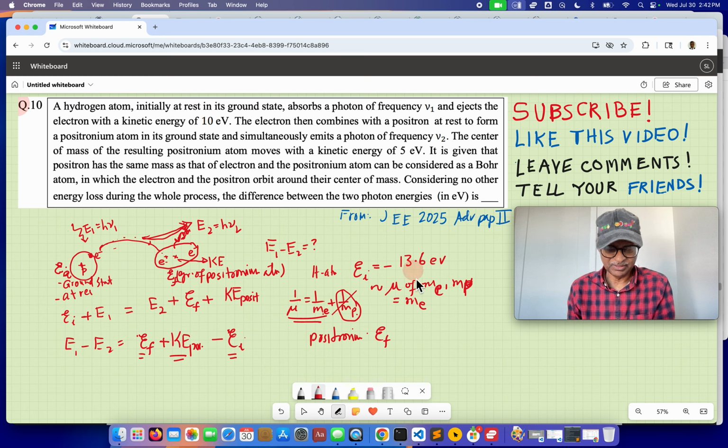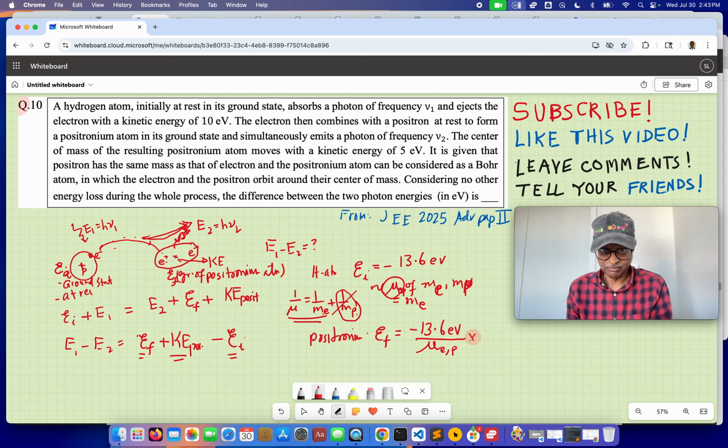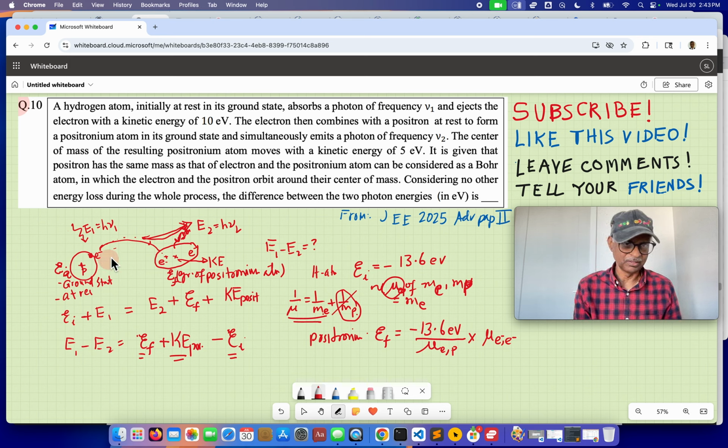I can divide minus 13.6 eV by mu of the electron-proton system and multiply by mu of the electron-positron system. It's just going to be scaled like that because everything else is the same.